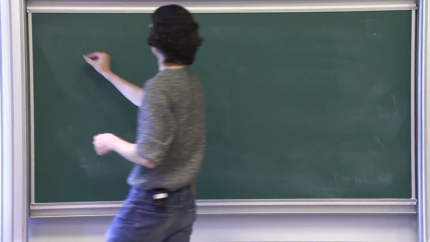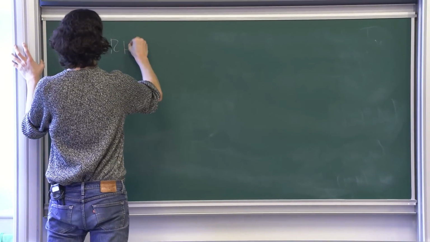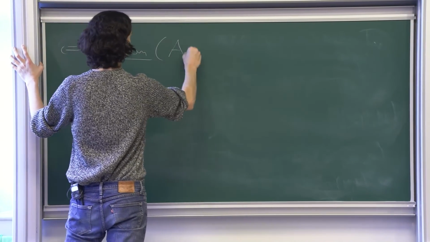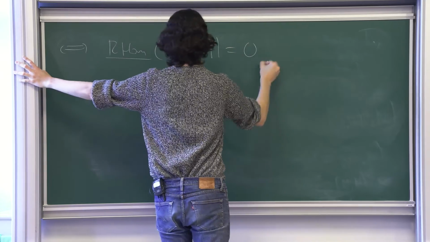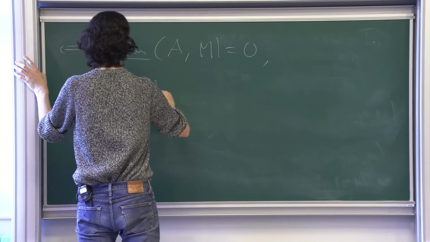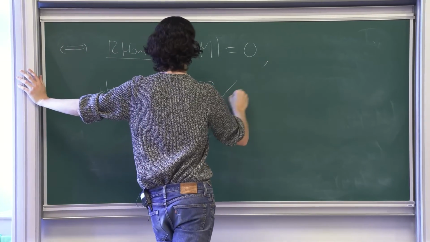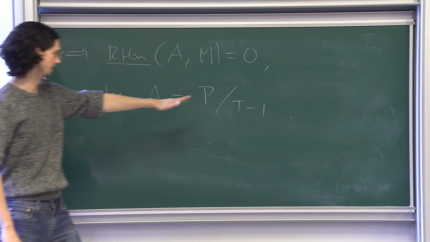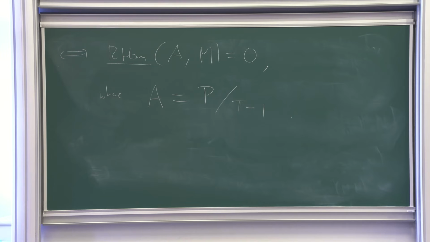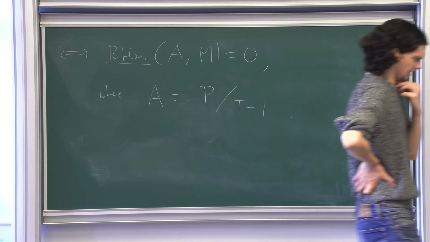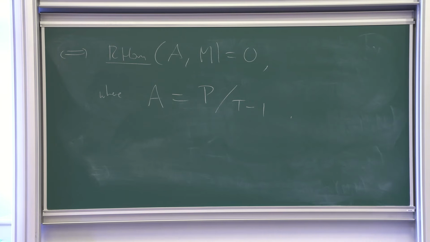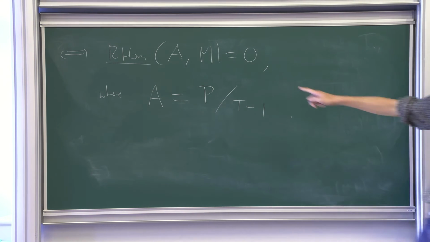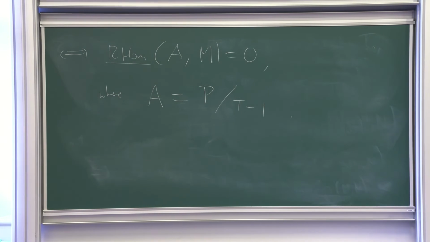But this is equivalent to saying that, say, R Hom from A to M equals 0, where A is equal to P modulo T minus 1. A priori, I should say derived modulo T minus 1, but actually it's easy to see that multiplication by T minus 1 is injective. And in fact, it's not going to matter either way, as in the class of modules satisfying this doesn't really change.